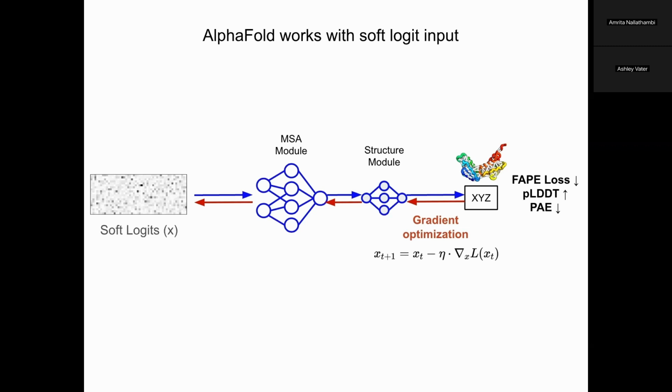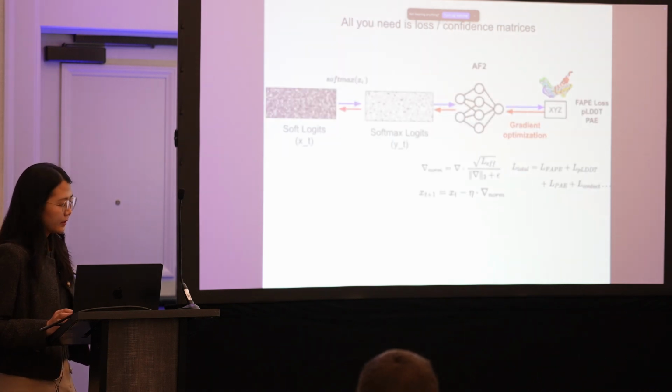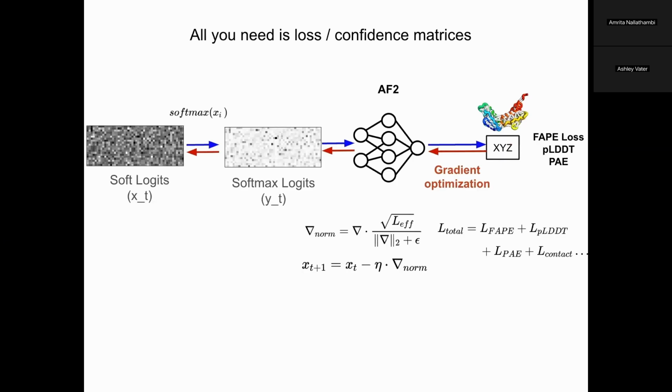But AlphaFold works really well with soft sequence input. If you give this soft sequence to the AlphaFold module, it will still predict a structure, and you can optimize through this soft sequence. So the way BindCraft optimizes is it starts with soft logits and applies a softmax.